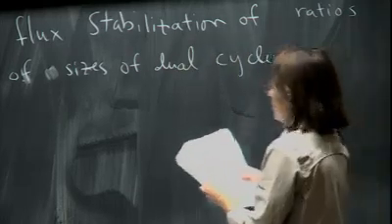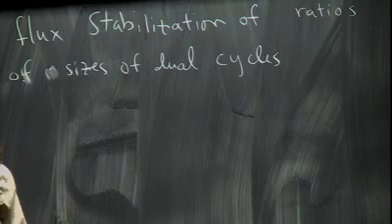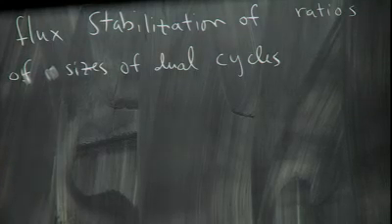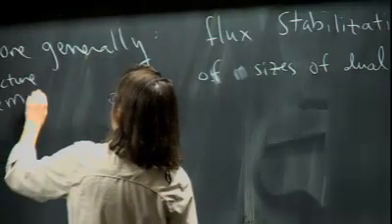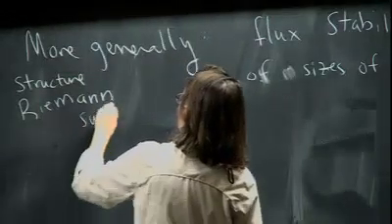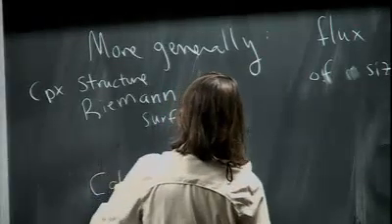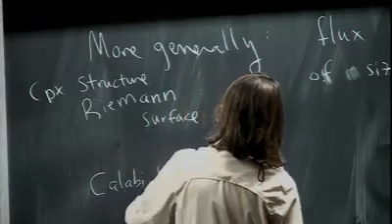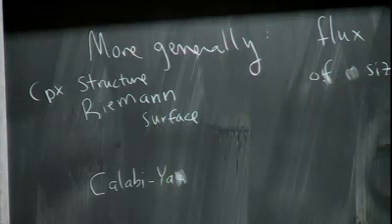So let's consider, sort of in parallel, the complex moduli, the complex structure of Riemann surfaces, and also Calabi-Yau manifolds. These are both very special choices of internal space.